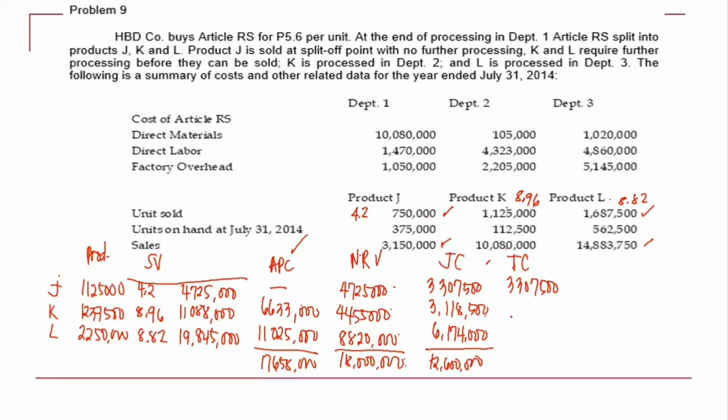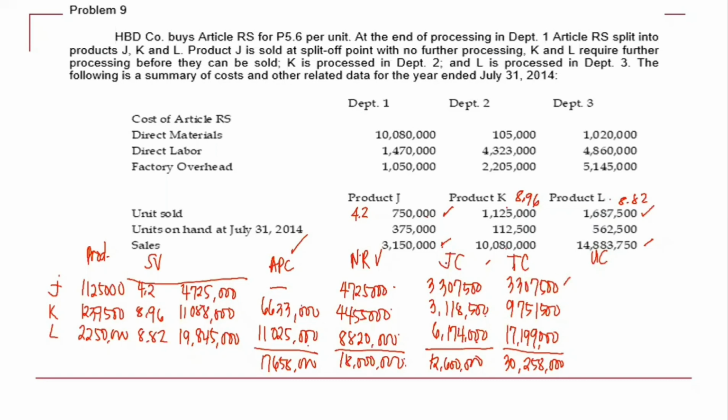So that would be 9,751,500, di ba? And 6,174 plus 11 million, that's 17,199,000 para naman kay product L. So ang total na manufacturing cost natin ay 30,258,000. Yan po. So ang unit cost natin, kunin na natin.